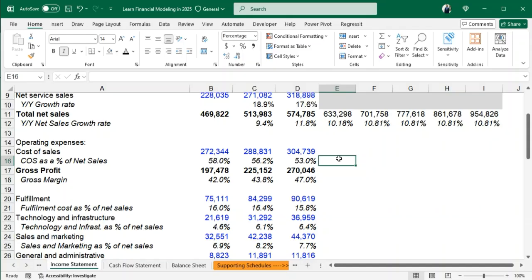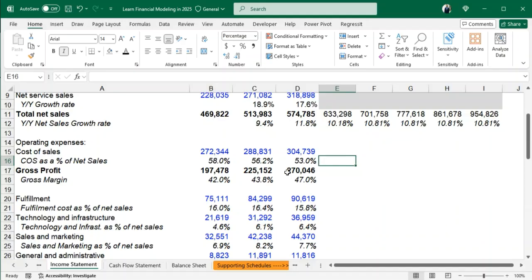Then we also have a fifth method, which is to have the percentages steadily increase or decrease year over year, also known as the year over year growth method.